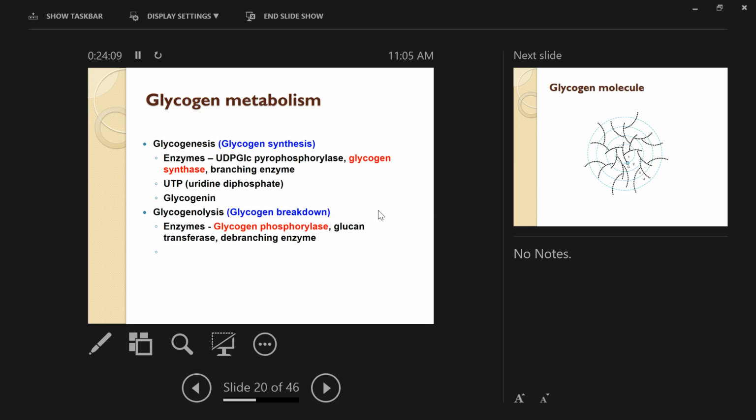Glycogenin is a protein that is also required for synthesis of glycogen. We're going to get to the detail later. I highlighted in red, that means this is a key enzyme in the glycogen synthesis pathway, right? So the key enzyme of glycogen synthesis is glycogen synthase.